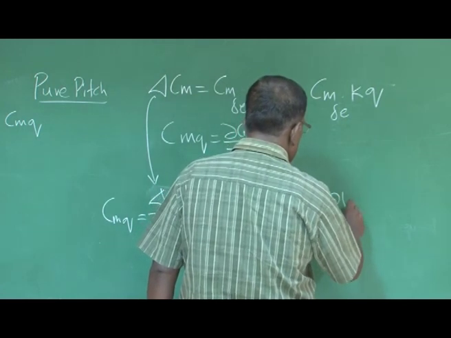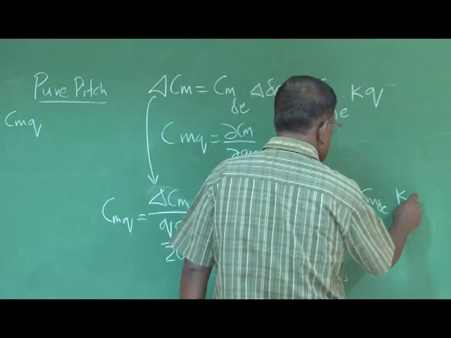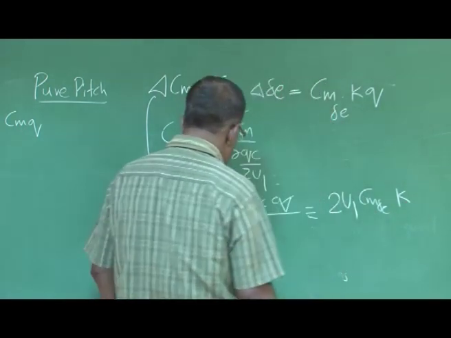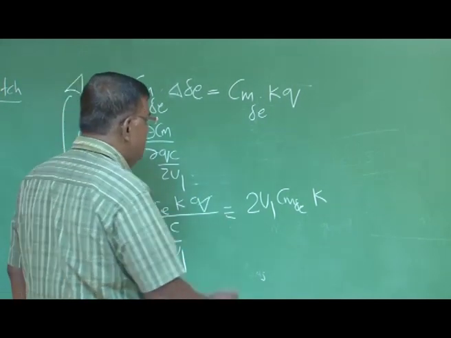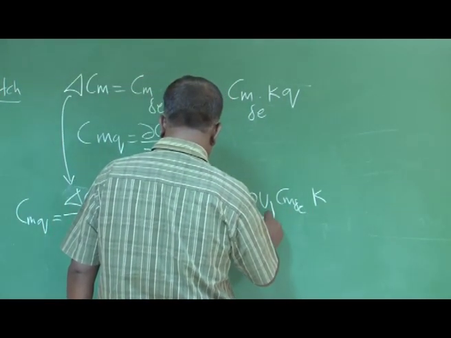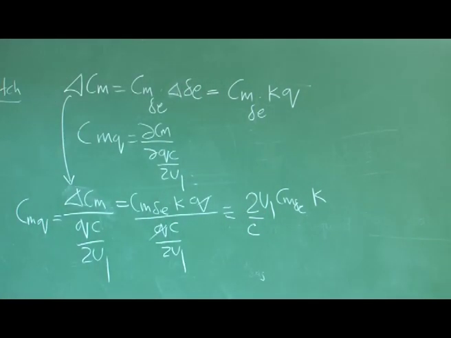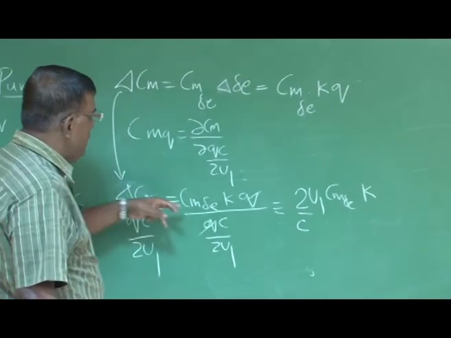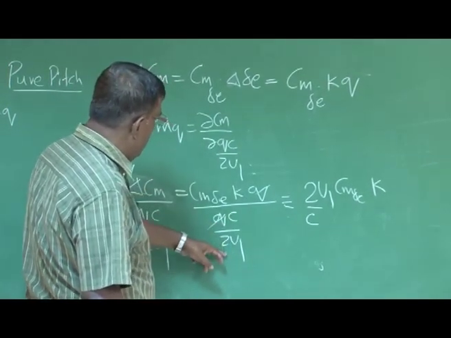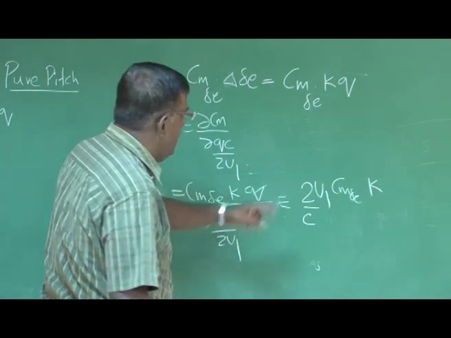This gives me 2U1 by C, Cm delta E, K. Clear? I hope I have not made any mistake. Cm delta E into KQ, I am dividing by Qc by 2U1. 2U1 goes up, C is here, right? K and Cm delta E.